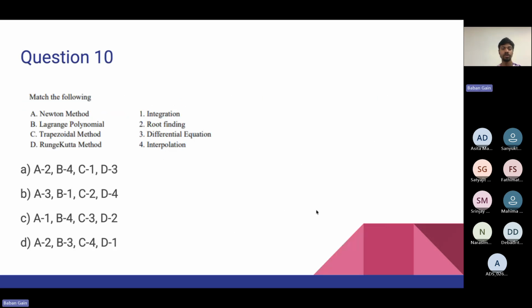Then final question, match the following. So which of the methods is used to do what?